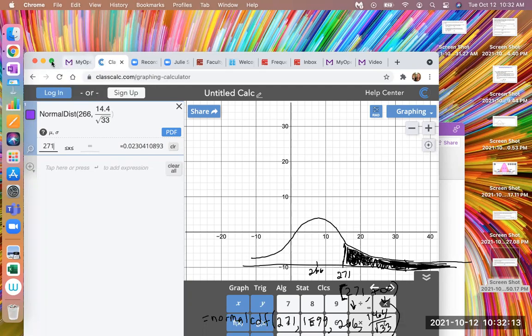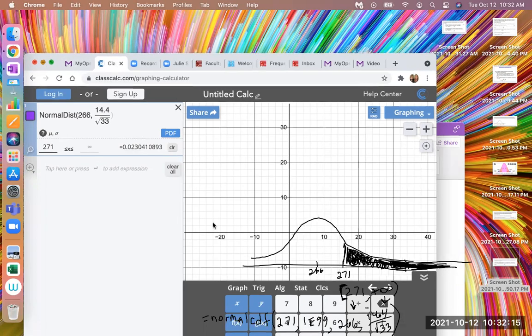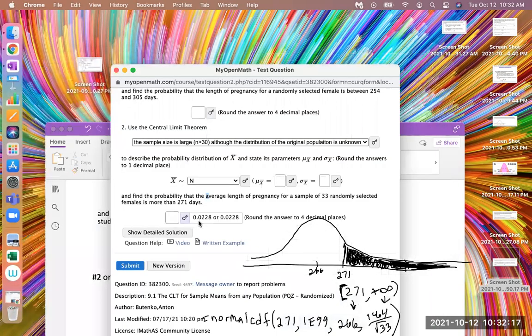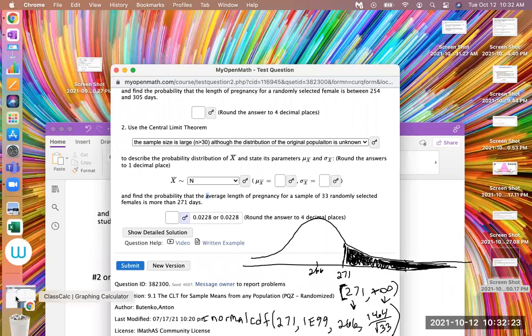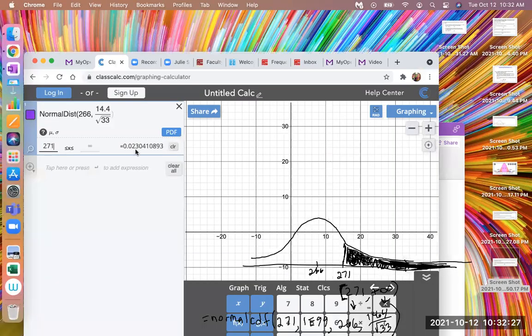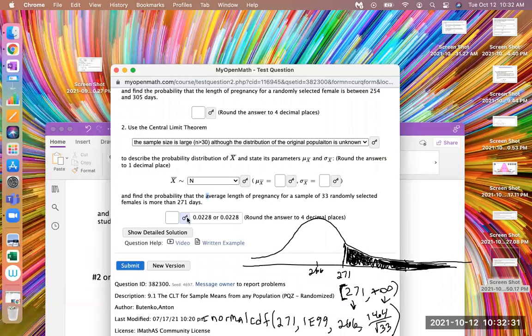So let's go back and see. What did we get? 0.0230. Let's see if they would take that. Let's see if they would allow that.